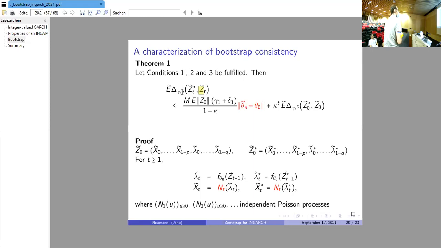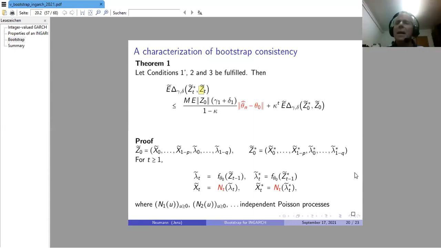I was wondering about the contraction condition. Is it possible to get the same result if you start with a beta mixing condition instead of the contraction? Do you really have to use the contraction condition? I'm afraid that the answer is negative.